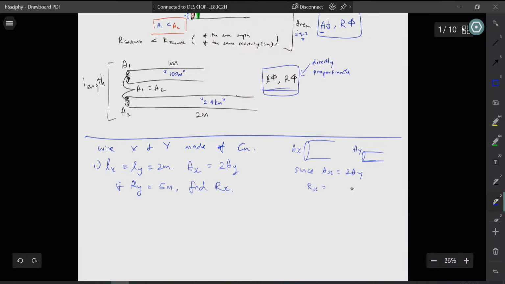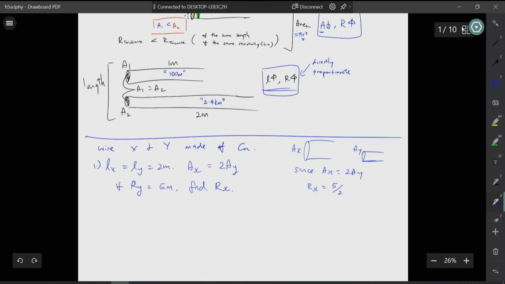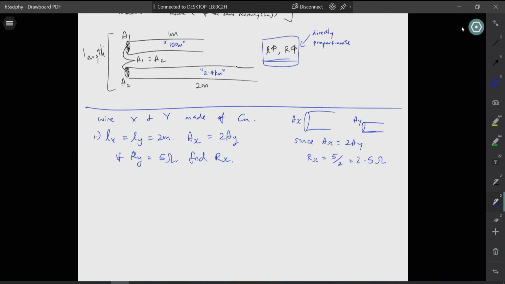Sorry, I realized the SI unit here is wrong, so this should be 5 ohm. Then we have this. Rx equals 5 over 2, which is actually 2.5 ohm.